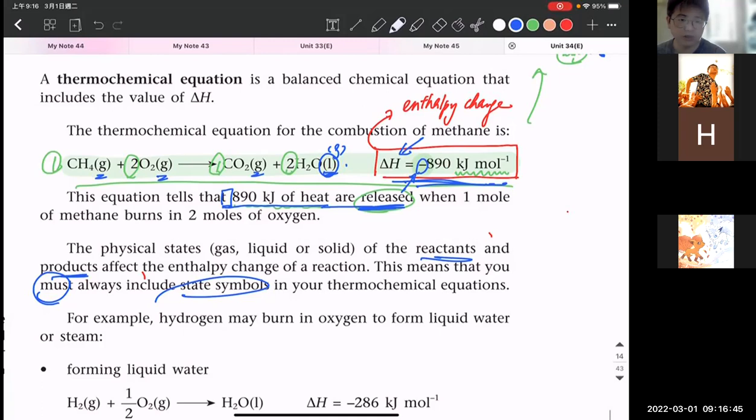And third is the state symbols. The state symbols must be there such that they can truly reflect the enthalpy change of reaction. The change in state of any reactants or products will greatly affect their own enthalpy level, and in turn affects the delta H value. Do you understand?